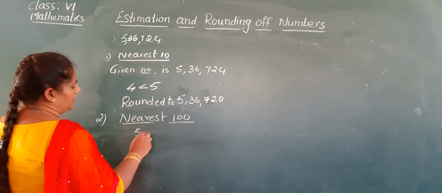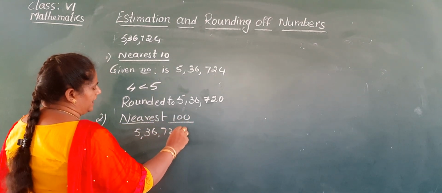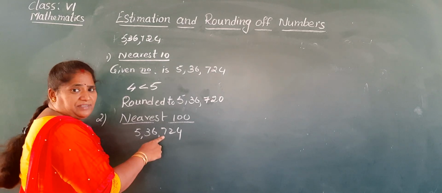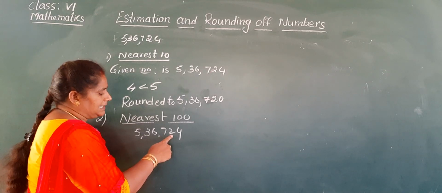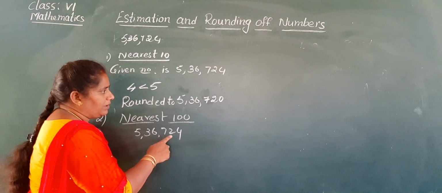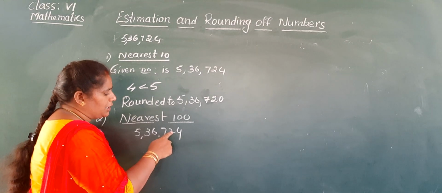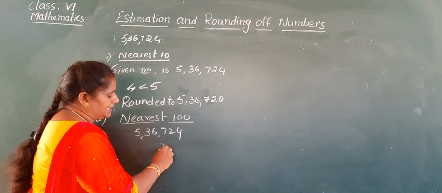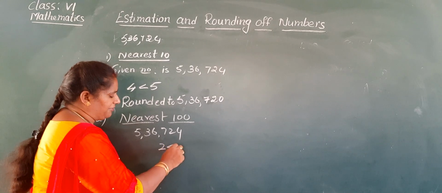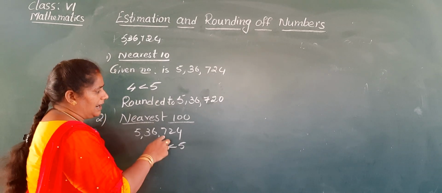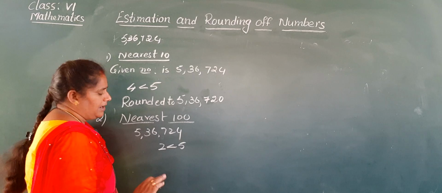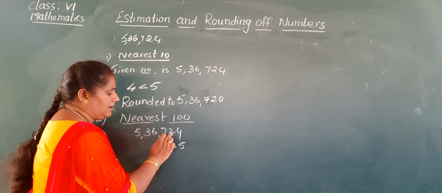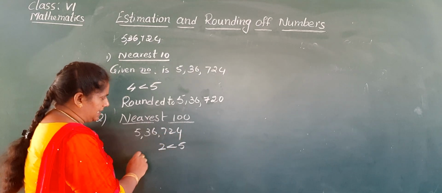First take down the given number. To round off this to the nearest 100, see the digit to the right side. What is there? Yes, it is 2. The digit in the tens place is less than 5. So the hundreds place is not changed and you keep zeros in the tens and units places.